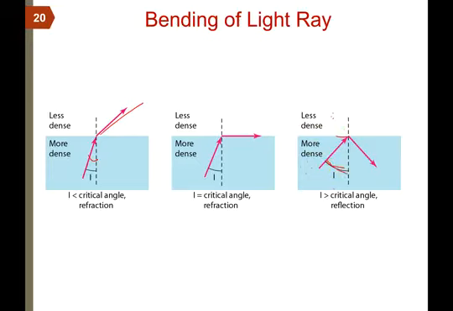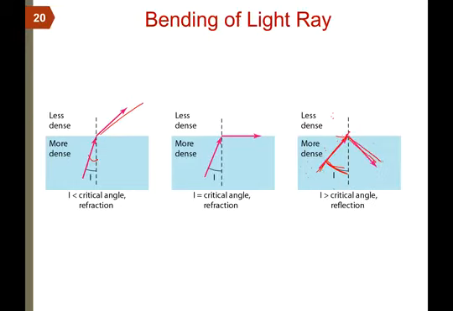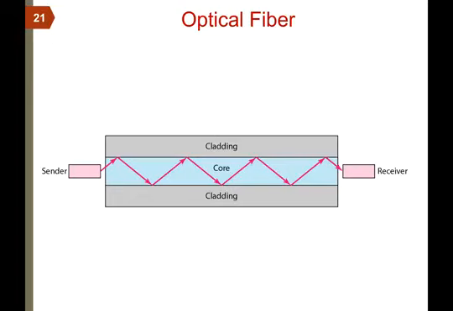If this angle is greater than the critical angle, then when the light gets to the boundary, say this is fiber material and this is another fiber material which is less dense, the light is totally reflected back. So it will continue this way. This is called total internal reflection.